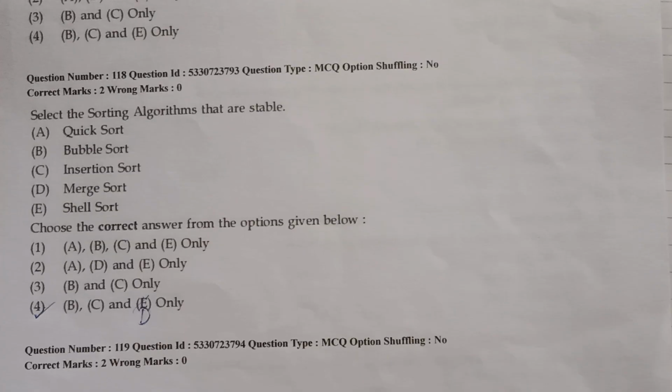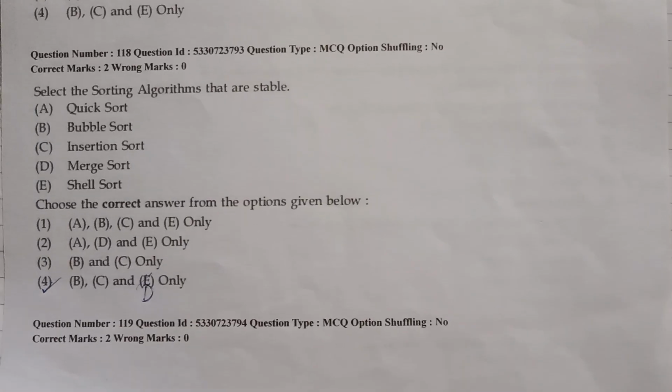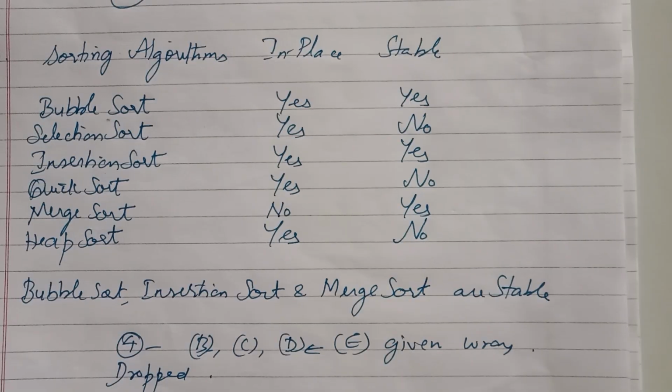Question number 118, select the sorting algorithms that are stable: quick sort, bubble sort, insertion sort, merge sort, or shell sort. You find that here bubble sort, selection sort, insertion sort, quick sort, and heap sort are in place, and merge sort is not an in place algorithm.